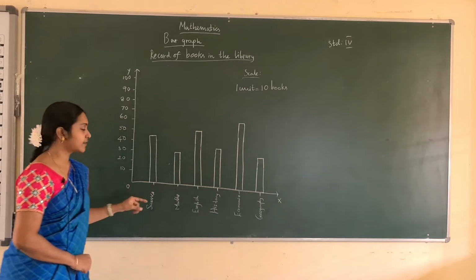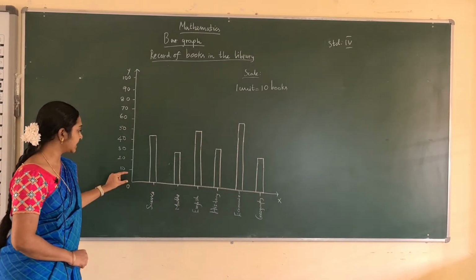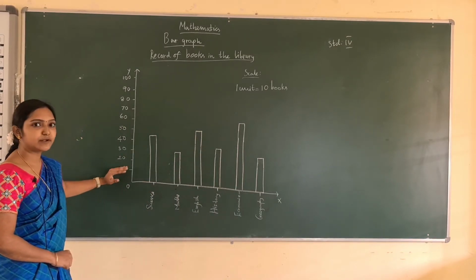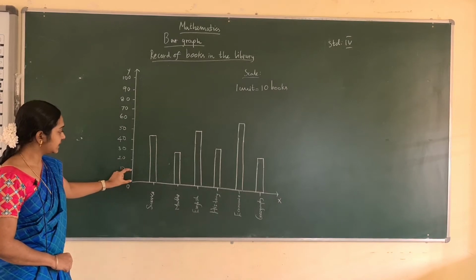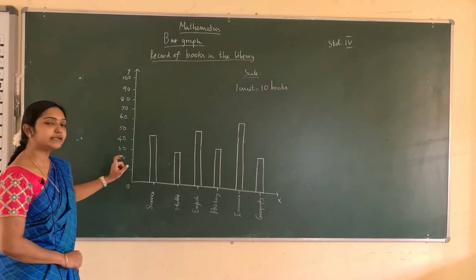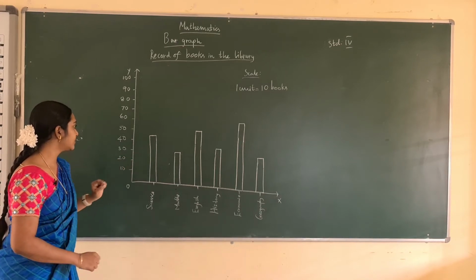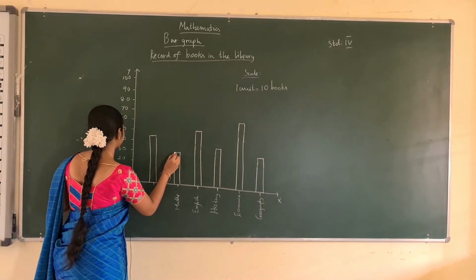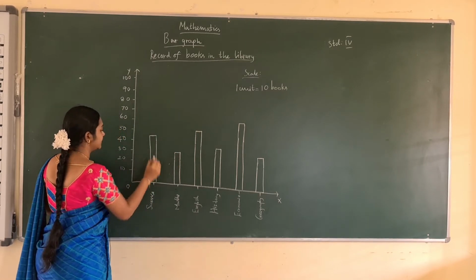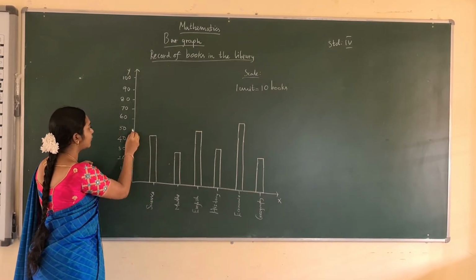The numbers from 0 to 10 will lie here. The numbers in between 10 to 20, that is 11 to 19, will lie here. So here, signs is in between 40 and 50.